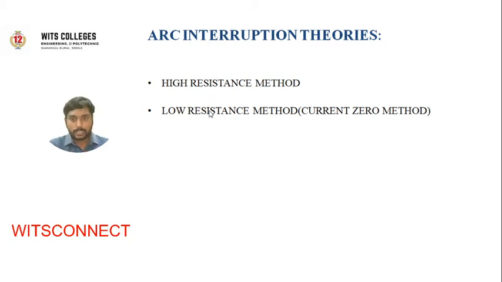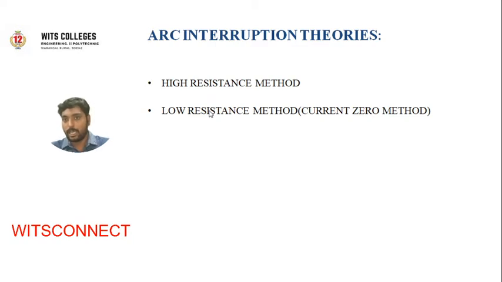Next one is the low resistance method or current zero method. Here the low resistance method or current zero method is used for AC circuit breakers. Okay, na? Mostly we prefer this type of circuit breaker. In an AC circuit breaker, if the frequency is 50 Hz, the current becomes zero 100 times.